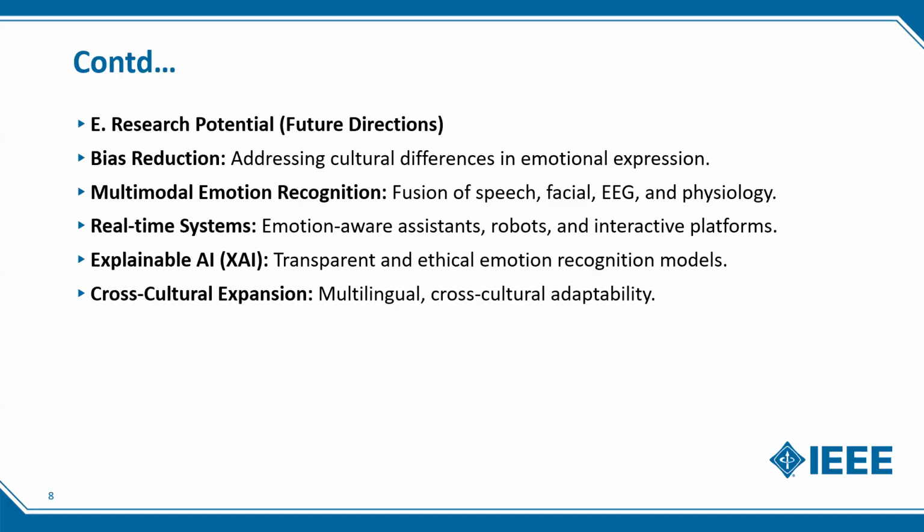Cultural differences in emotion means a person from Asia and a person from the West, from California or the USA. There will be some minute differences in their emotional expressions based on cultural differences and ethnicity, so there is a huge bias in the systems. So bias reduction is one area where we have to focus.